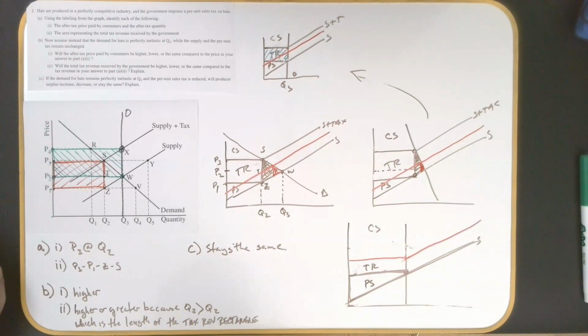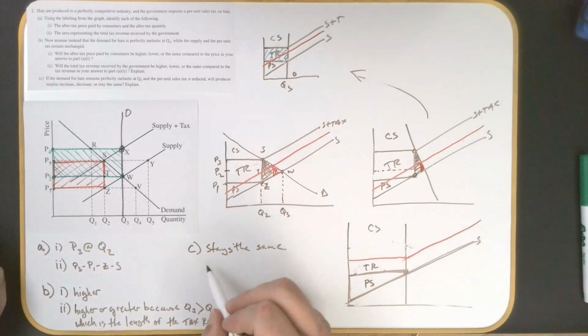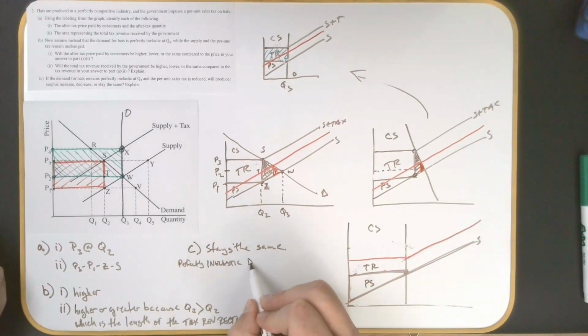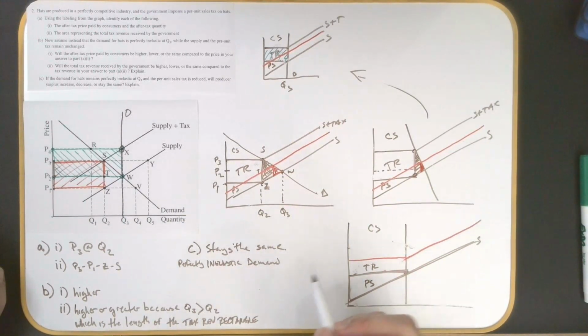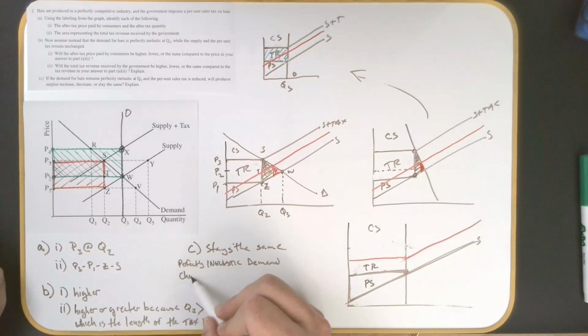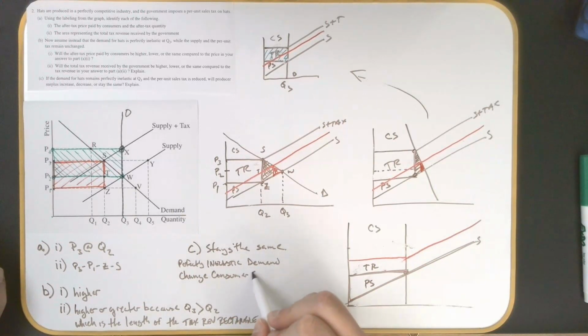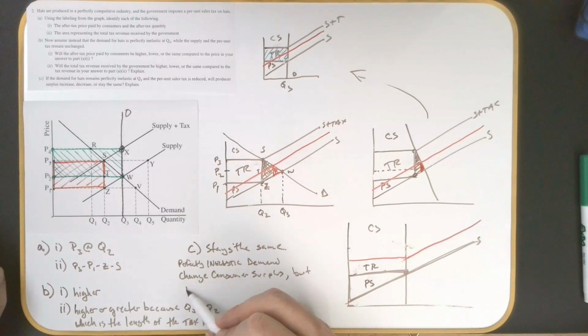And the reason is that perfectly inelastic demand, I'm going to say both. You don't have to say one, but I'm going to say changes consumer surplus but not producer.